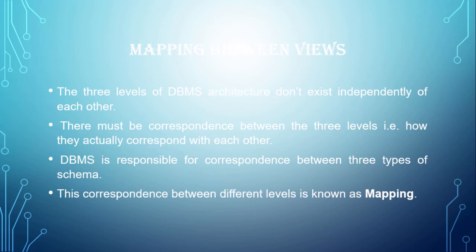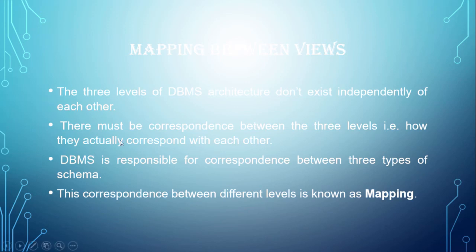For example, a request specified in the external level is transformed into a request against the conceptual level, then into a request in the internal level for processing over the database. So, indirectly, each level corresponds to the others for perfect working of a database. We have 2 types of mapping: conceptual-internal, and external-conceptual.